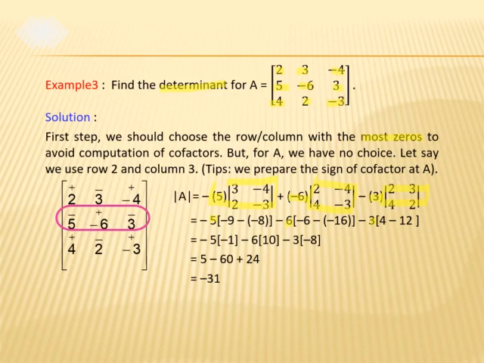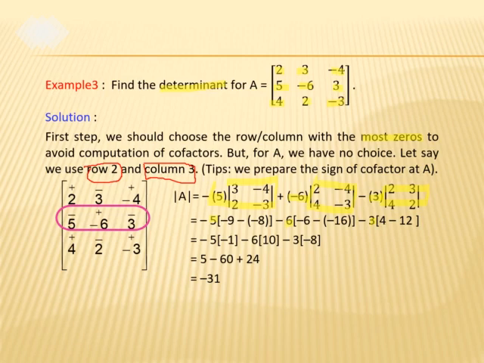But for A, we have no choice. Our matrix doesn't have zero, so just proceed. Let's say we use row 2 and column 3.